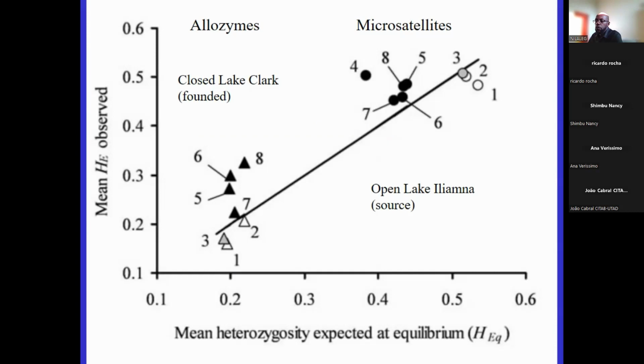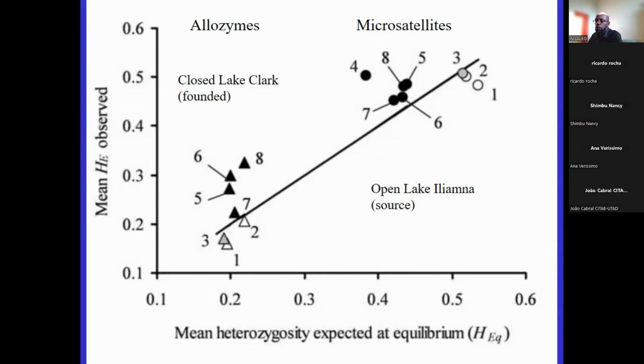This is the mean heterozygosity observed, and this is the mean heterozygosity expected based upon the number of alleles. Lake Iliamna are these open triangles and circles, and that's the source population. And the closed ones are Lake Clark, which were the ones that were bottlenecked and founded a few thousand years ago.